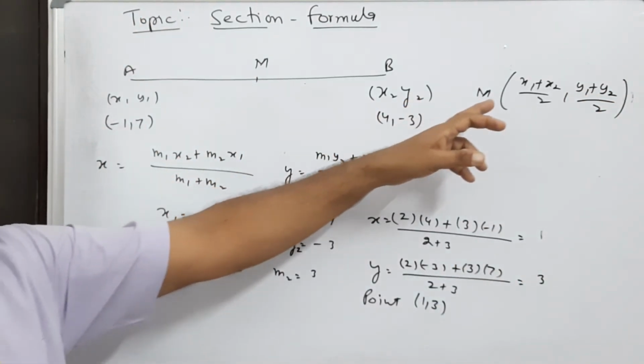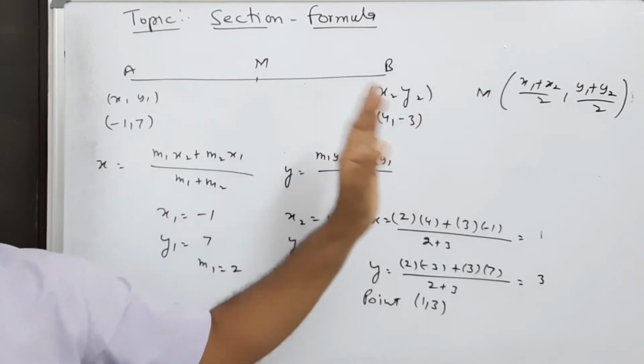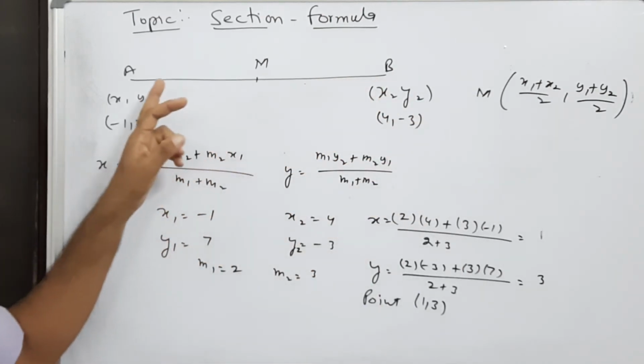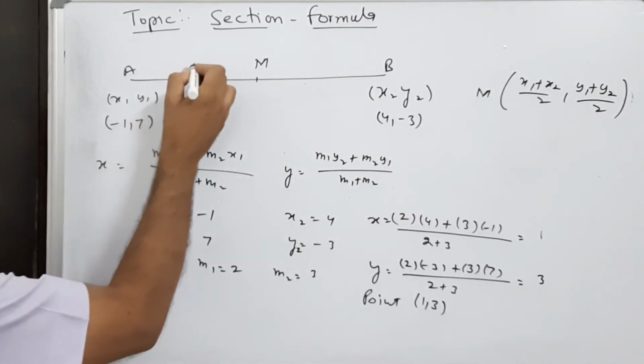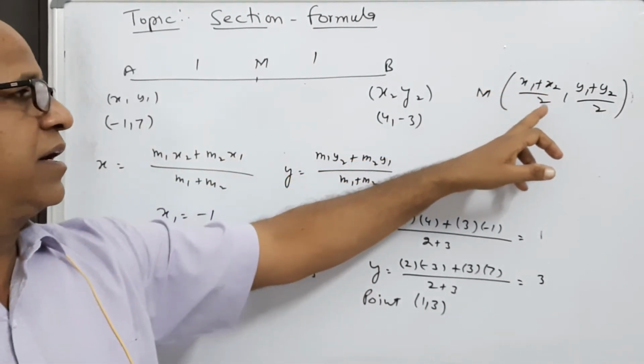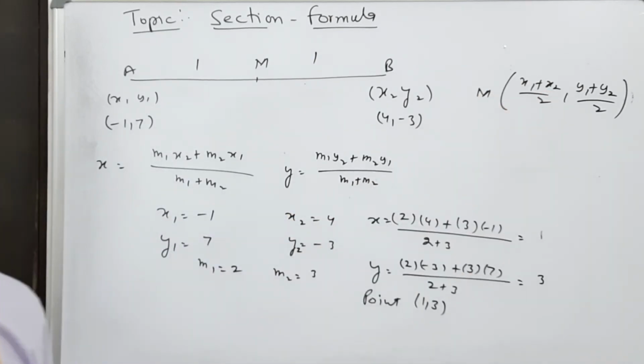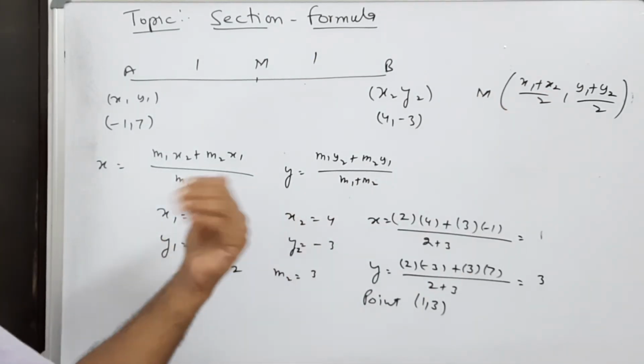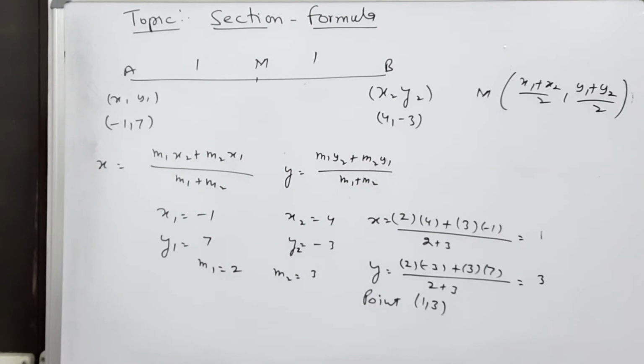Why is it so? Because when M is the midpoint, the ratio will be 1:1. So if you write 1 here, and here 1 plus 1, then it will be (x1 plus x2) upon 2 and (y1 plus y2) upon 2.